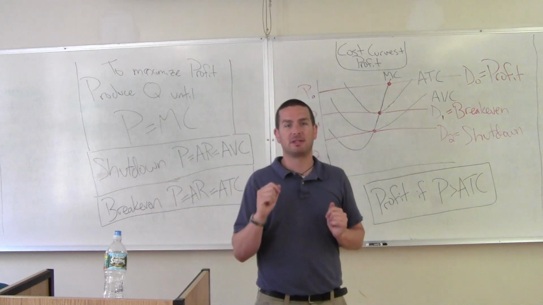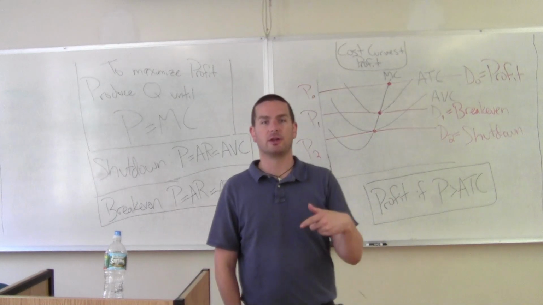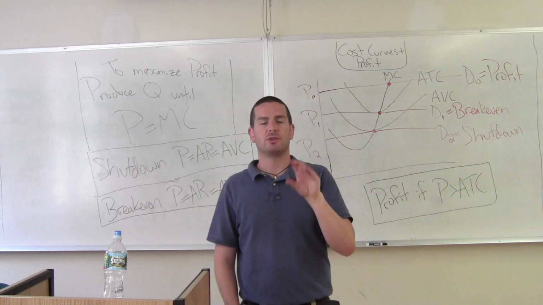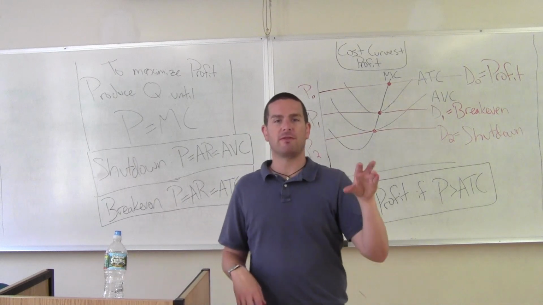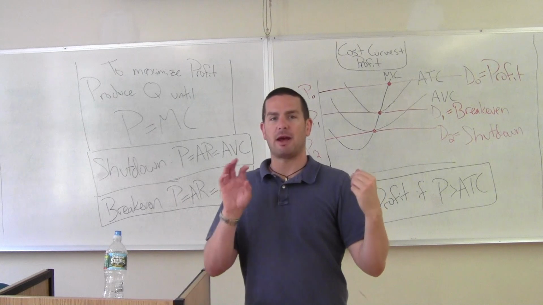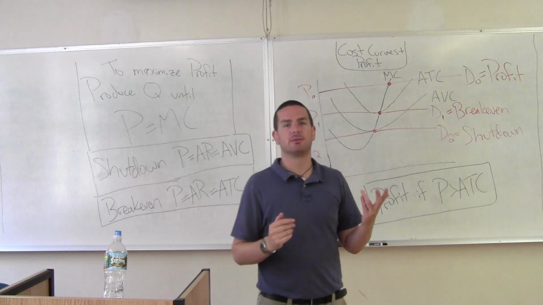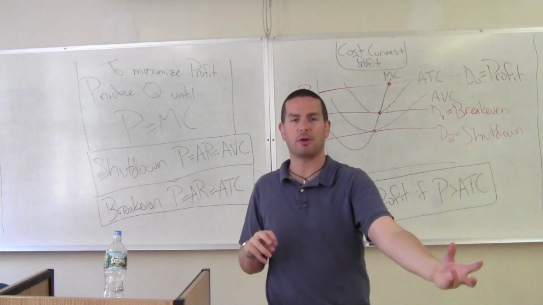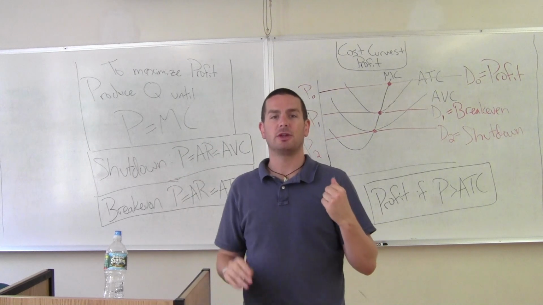But in perfect competition, if price is greater, since price is equal to marginal revenue, which is equal to average revenue, if your average revenue, the amount you're making per unit, is greater than the amount you have to pay out, okay, well, then what you end up doing is you're making profit. If the amount you make per unit is greater than the total amount you have to pay out on average, you're making profit.